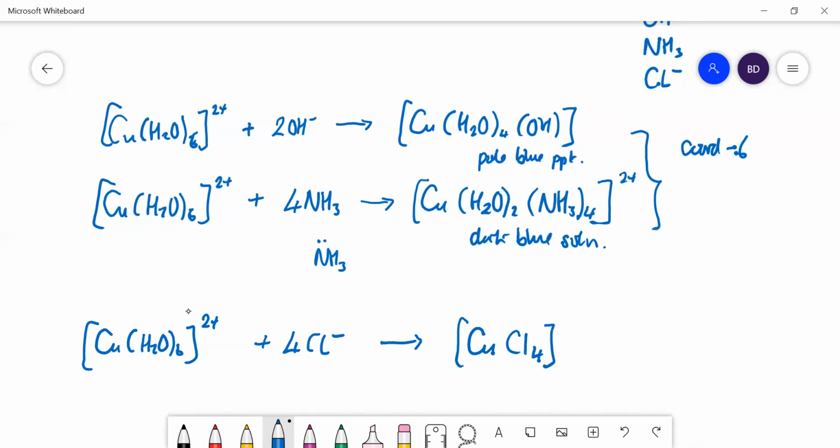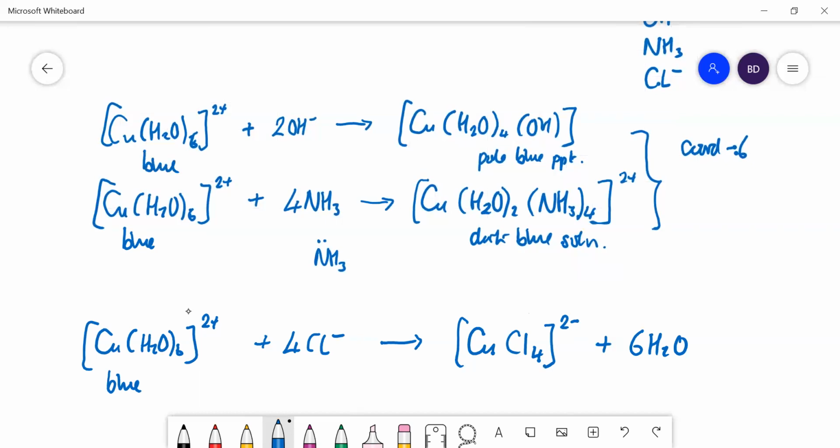The oxidation state of the copper hasn't changed, it's still +2. Each of those chlorides is -1, 4 times -1, so the charge on the species is 2-. The shape of this is actually tetrahedral, it doesn't ask you for the shape, but it is. And you're going to get 6 water molecules released there. The copper solution was blue, sort of turquoise blue.